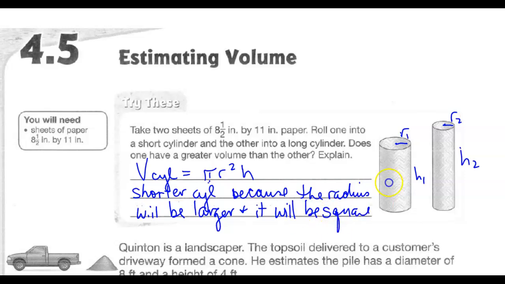And really the difference between H1 here would be the 8.5, and this would be 11. And so the difference between those isn't as big as squaring the difference between the radii. Okay, but you could test it out.